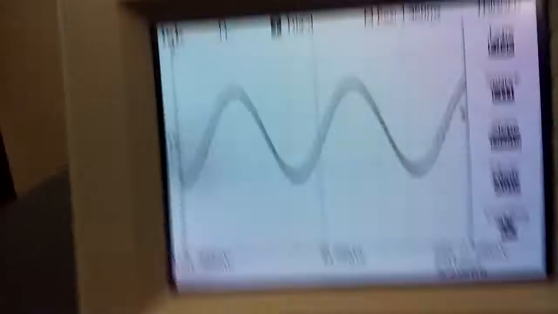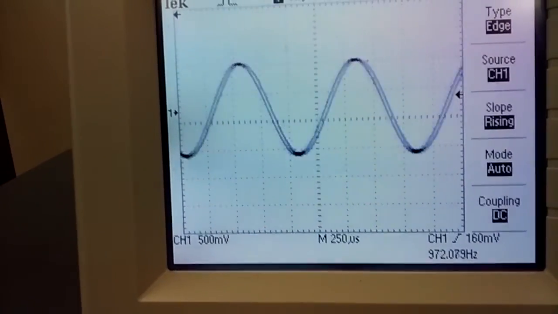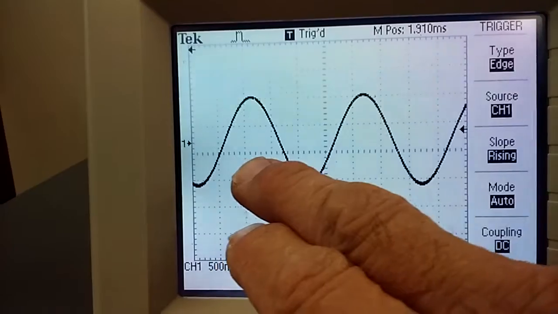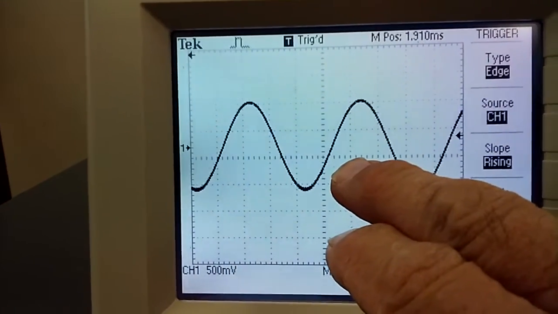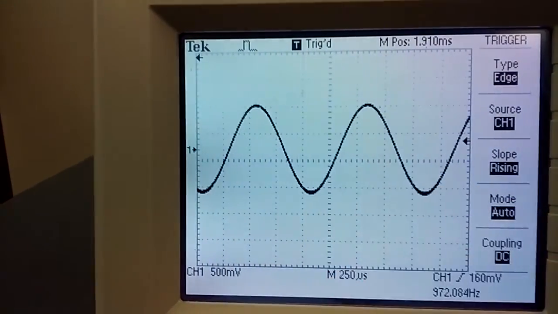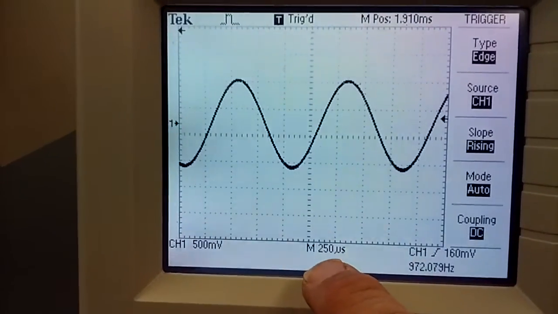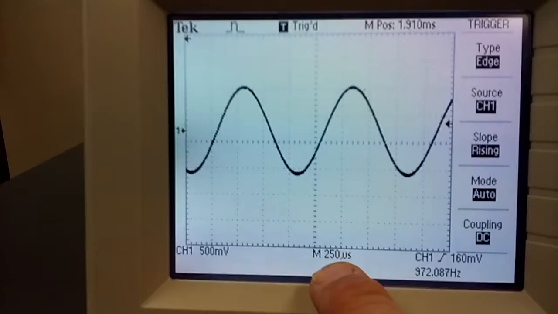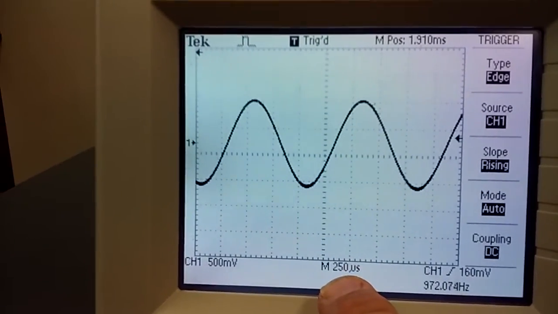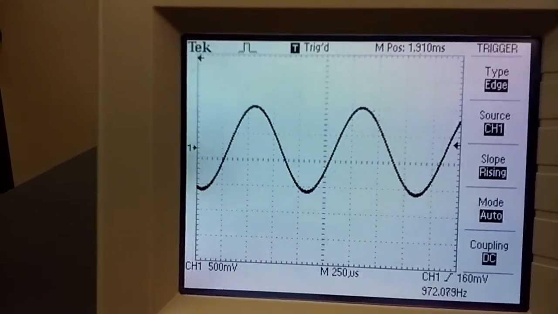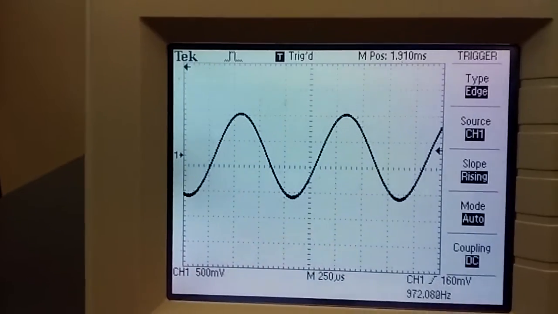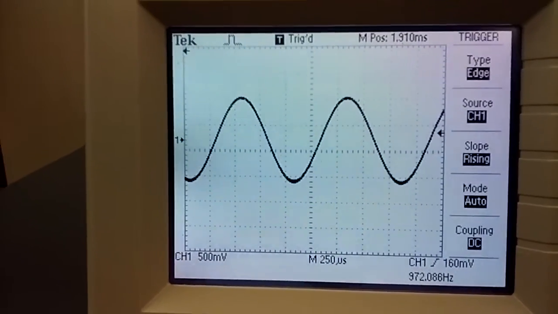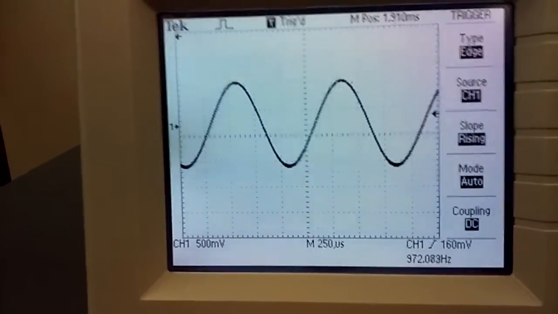If I want to know the period of one cycle of this, then I could count, for one sine wave, however many centimeter blocks that is, and then that will be multiplied by the 250 microseconds because each block represents that much time, okay? So when you make measurements with this, you'll be measuring things in centimeters, just like a ruler, just like we did in 210 a lot of the time.